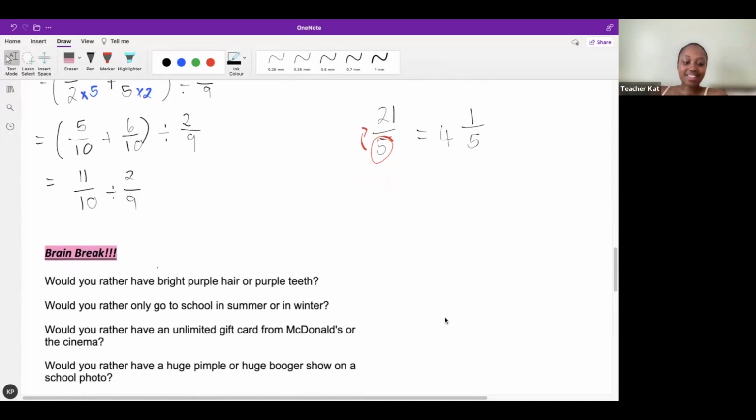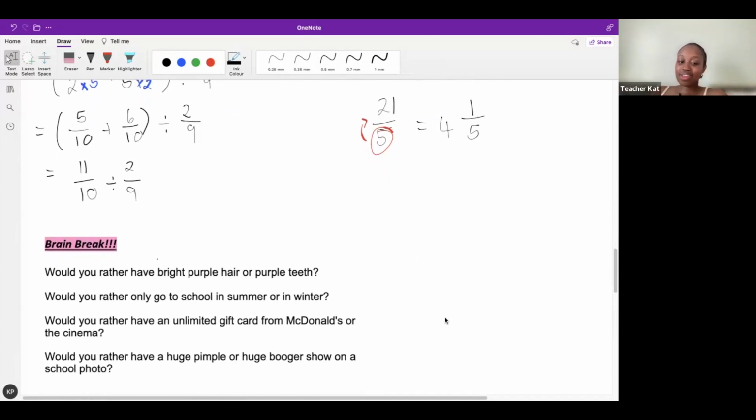Okay, that makes sense. And the last one is, would you rather have a huge pimple or a big booger show in a school photo? Like you already took this photo and now you're getting it back. Would you rather see a big pimple or a big booger in your nose? Linamta's like, I'll take pimple. Linamta's going through a lot.